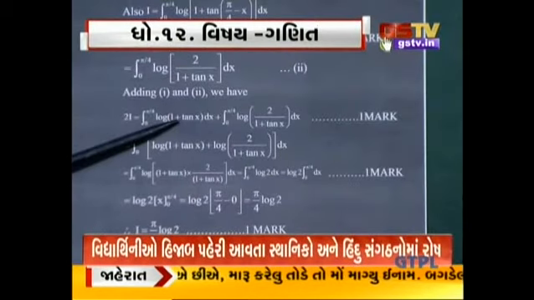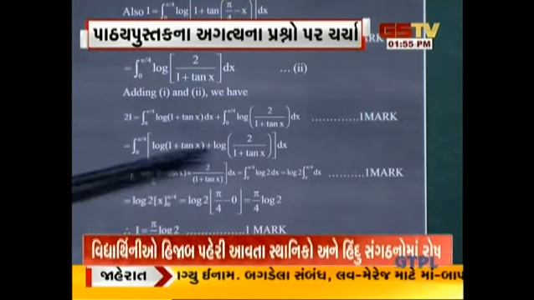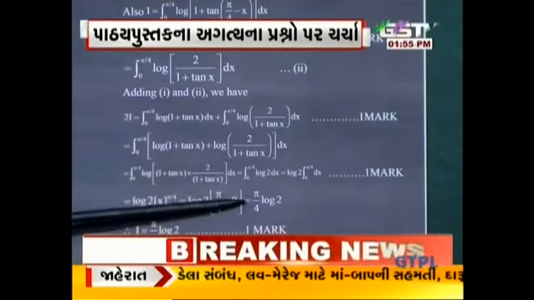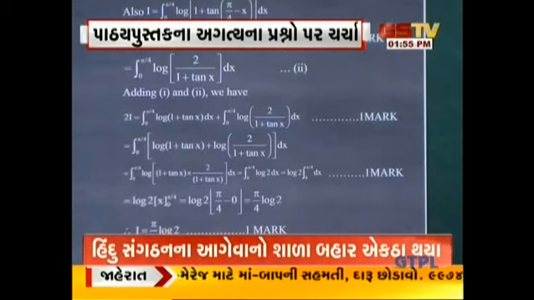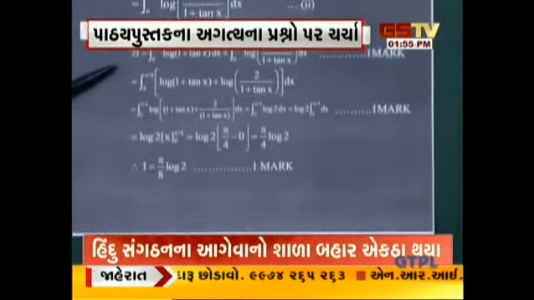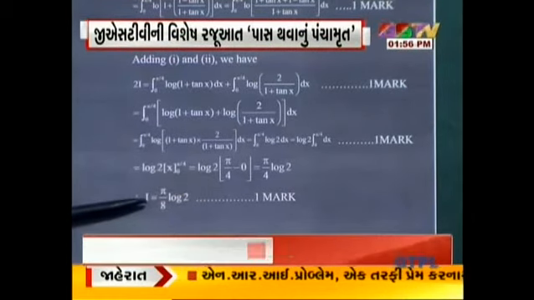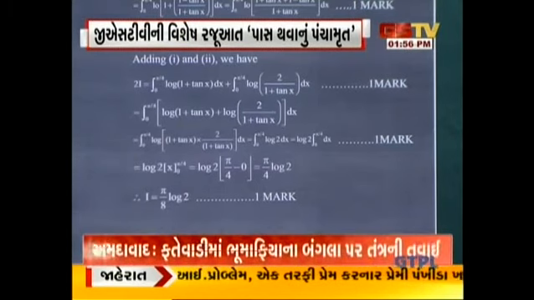So if we multiply, we get the integration of log 2, and by integrating the result we get pi by 4 log 2. Pi by 8, very sorry, pi by 8, because the result is given for 2I. So 2I is equal to pi by 4 log 2, so we get the answer I is equal to pi by 8 log 2.